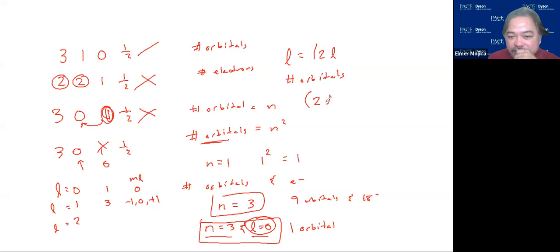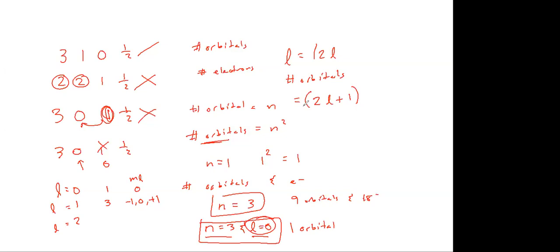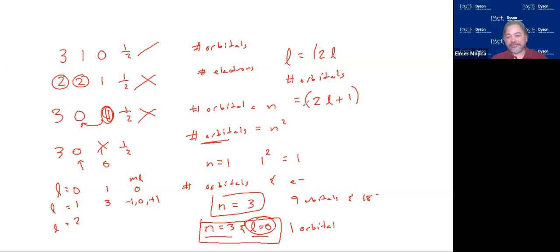So there are 2 formulas there: the number of orbitals when n is given, and the number of orbitals when L is given. You might have some questions like that.